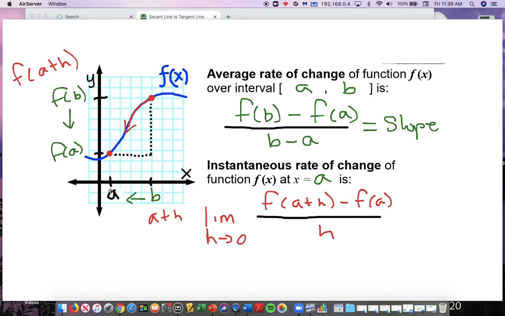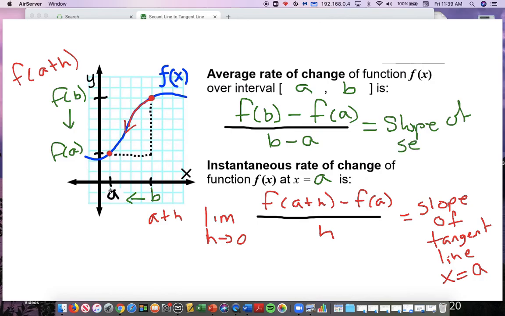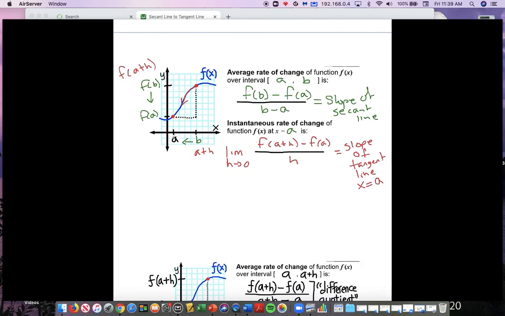That idea right there is the slope of the tangent line when x equals a. The one above it was the slope of the secant line. So the average rate of change is the slope of a secant line. The instantaneous rate of change is the slope of the tangent line. So keep that in mind.